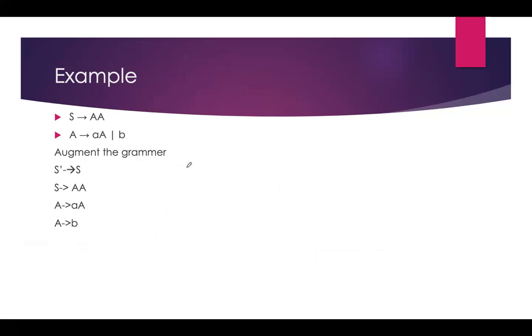In the state of I naught, we are going to take the first production rule, that is S dash tends to S, and before S I am including one dot.